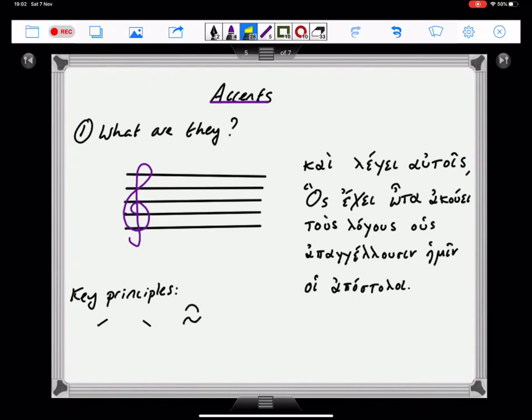What are they? The Greek accent is a pitch accent. This means that your voice goes up with an acute, down with a grave, and up and down with a circumflex. This makes life a little complicated because only Norwegian in European languages has a pitch accent.